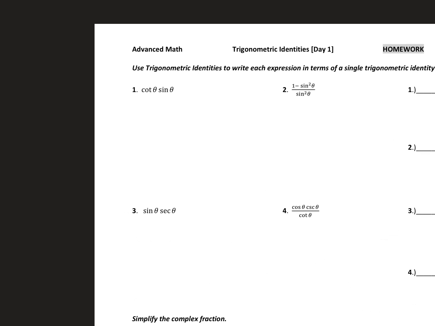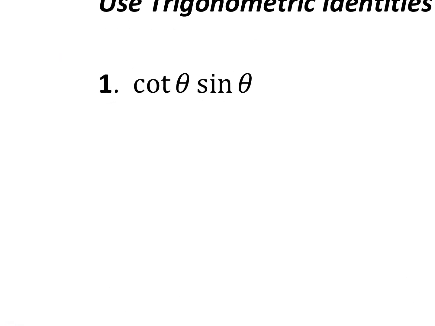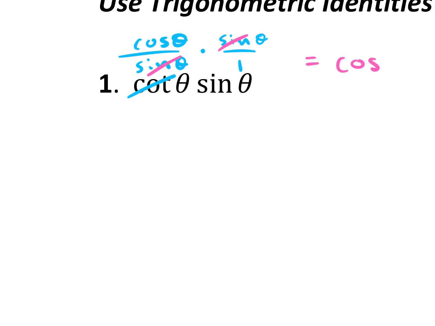So let's look at number 1 on the next page. What should I do first? Change cotangent to what? Cosine over sine. So this is like saying cosine over sine times sine over 1. What else can I do? The sines cancel. So what am I left with? Cosine.